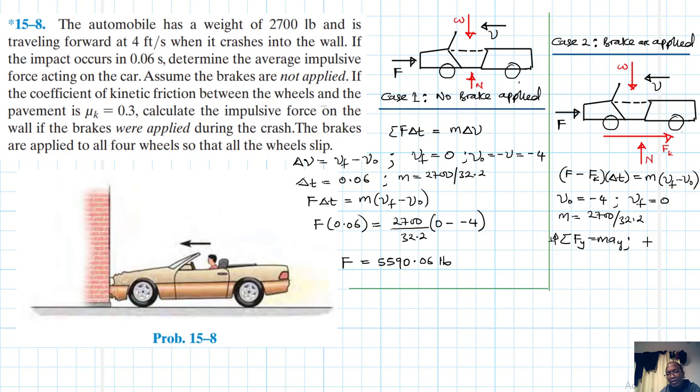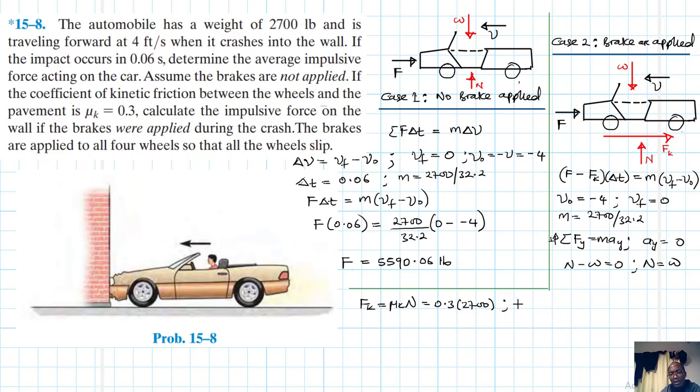Going up in our reference, we know that our ay is equal to 0, and therefore N minus W equal to 0, and our N is equal to W. Therefore Fk is equal to mu k N, which is just equal to 0.3 times 2700. Right.